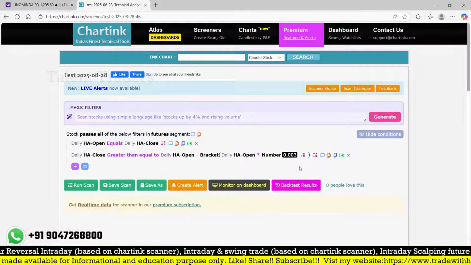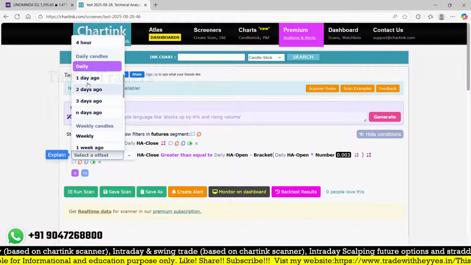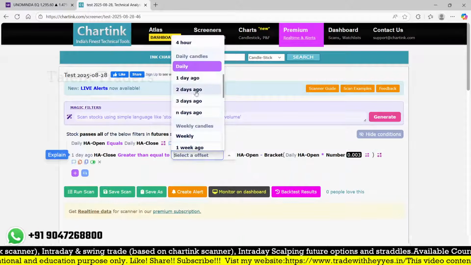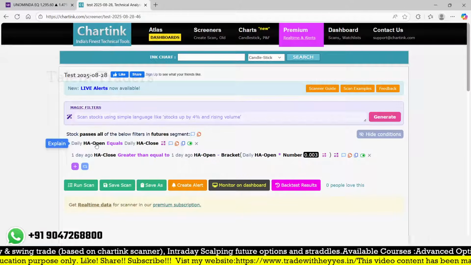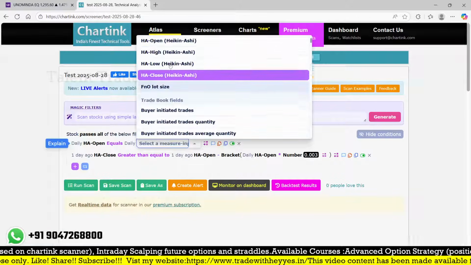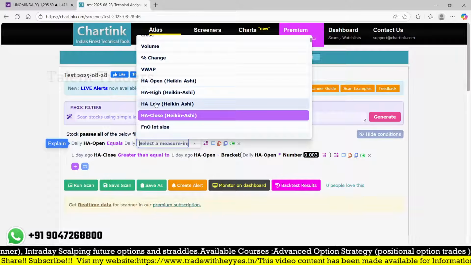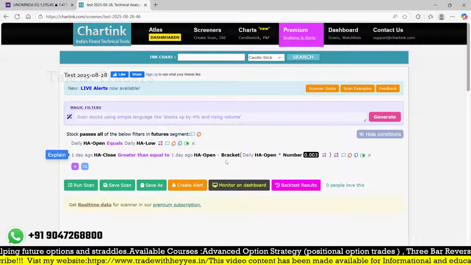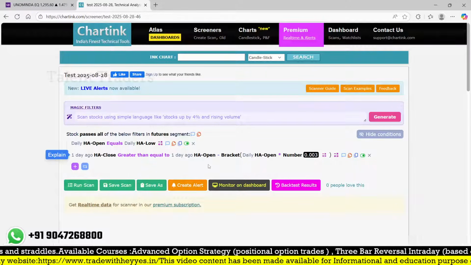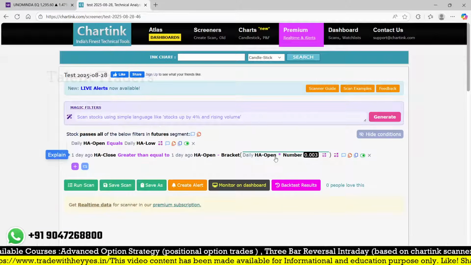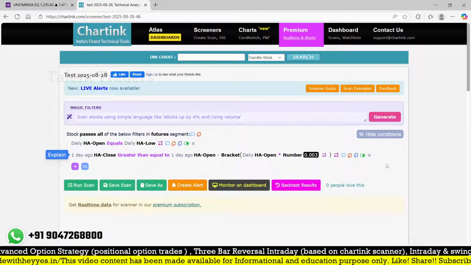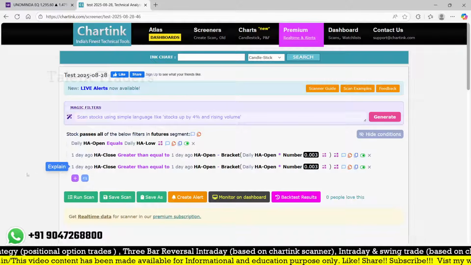We can easily find it. We should use 1 day ago here and also 1 day ago there, because today open equals low, as in our previous open low condition. In greater than, we use HA open multiplied by the number. That would work. Okay, let's copy the same.